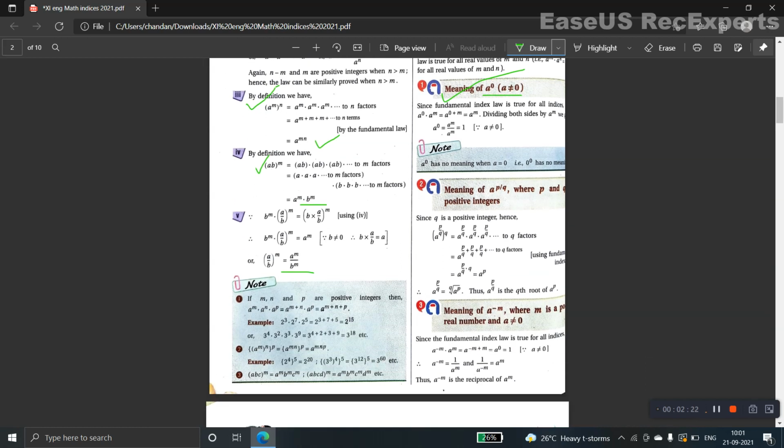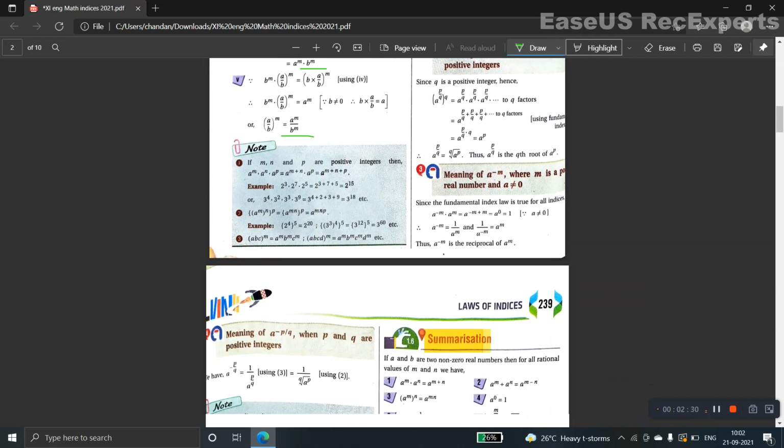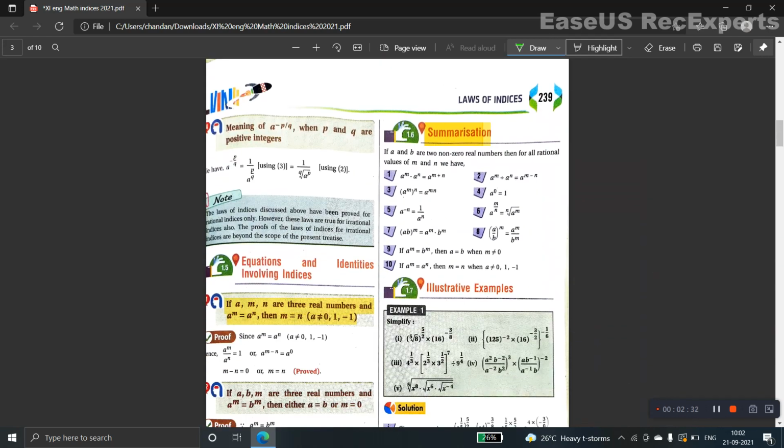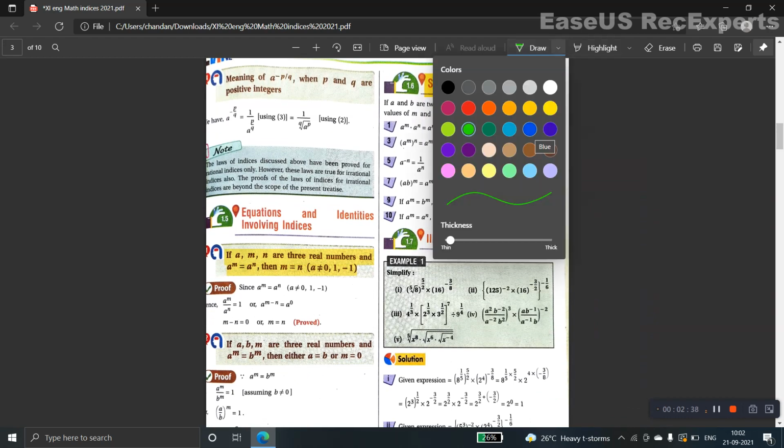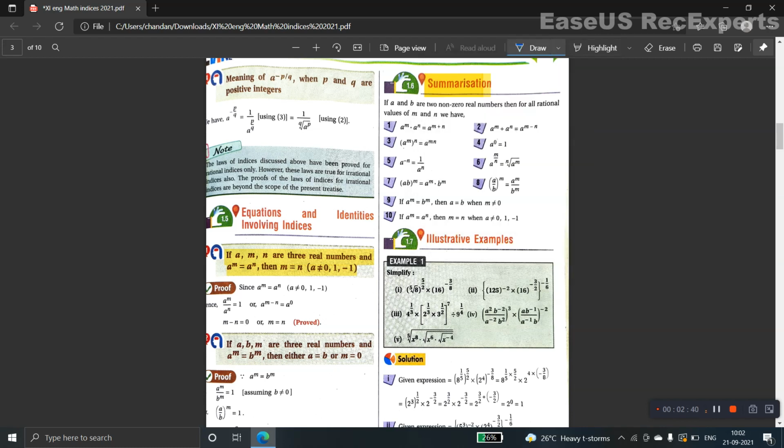Now I'll go to the next page to see what is written there. I request you to go to this part. These 10 rules will be sufficient.